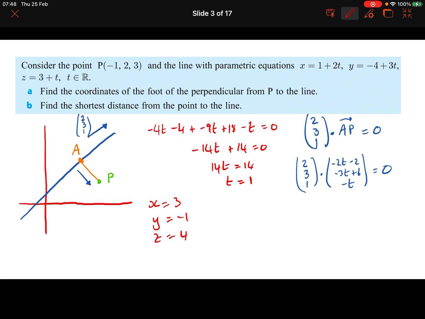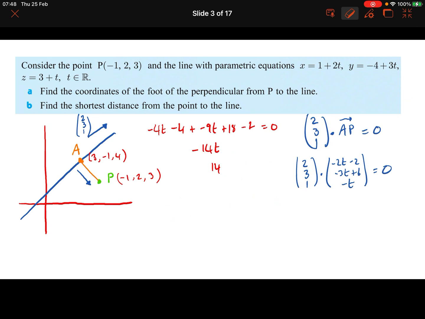So the coordinates of A are 3, minus 1, 4. I'm just going to write that in now. That's 3, minus 1, 4 for A. And P we already knew was minus 1, 2, 3.